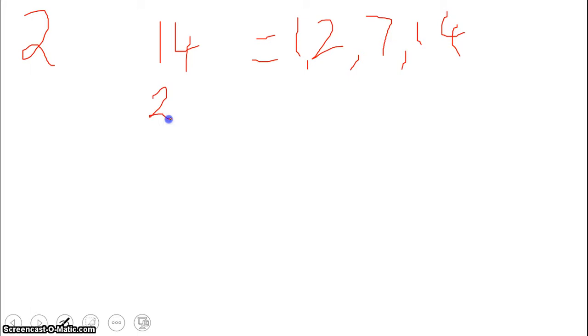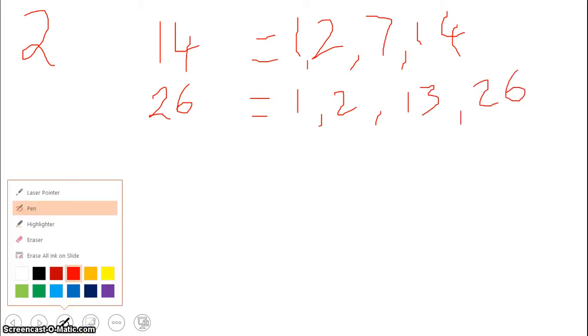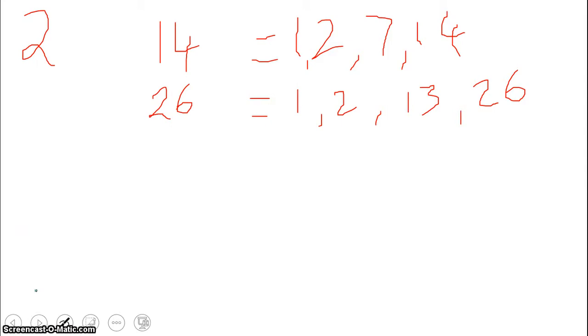We know that the factors of 26 are 1, 2, 13, and 26. So to work out our highest common factor, once we've found all the factors, we just look for the one that's the same. The highest one that's the same is 2, so we can call that our highest common factor.